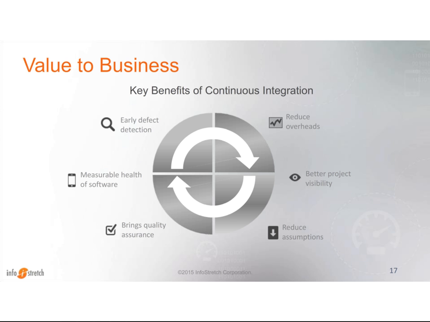We reduce the assumptions because CI gives the chance to replace these assumptions with knowledge, thereby eliminating cross-platform errors at the development stage. We reduce the overhead: finding a bug at the development stage itself means I don't have to invest time and money at a later stage if my bug is found in the QA environment.